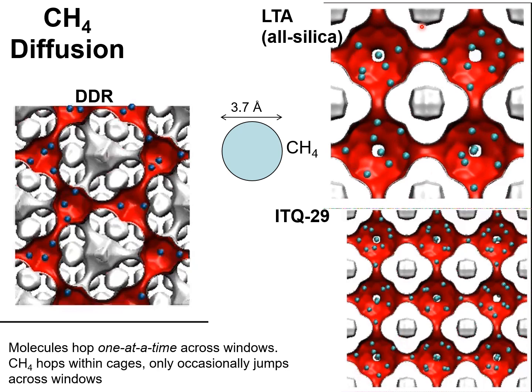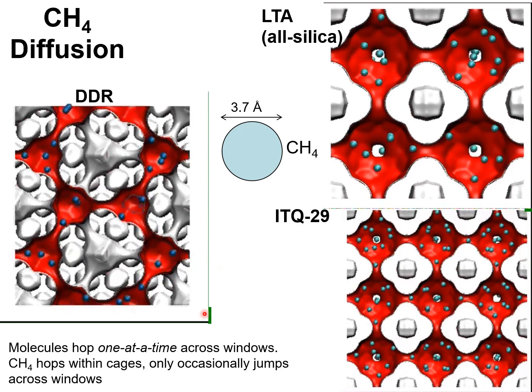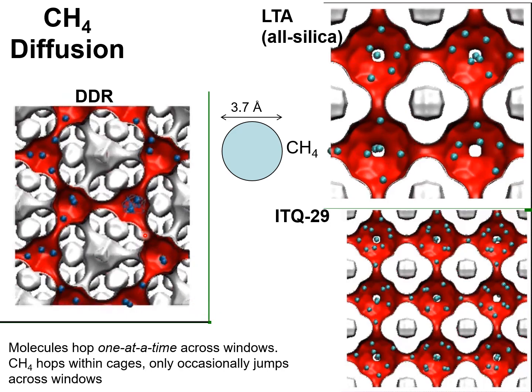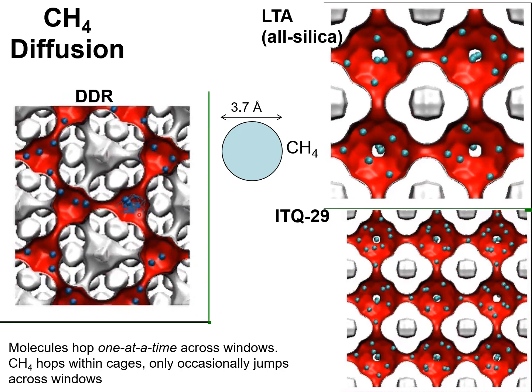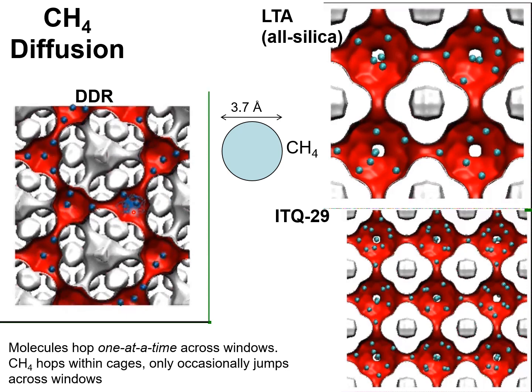The window dimensions of these two zeolites are larger than for DDR, and for DDR the diffusivity of methane is considerably lower than that for LTA and ITQ, and that is evidenced by the fact that most of the hopping occurs within the cage.